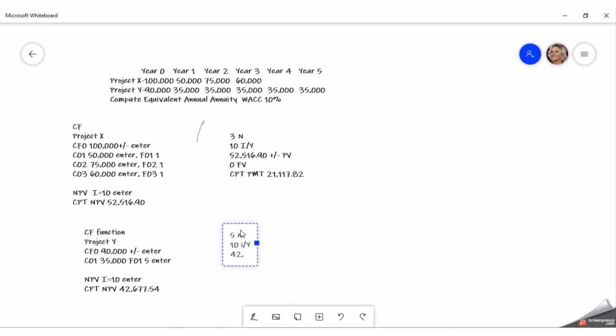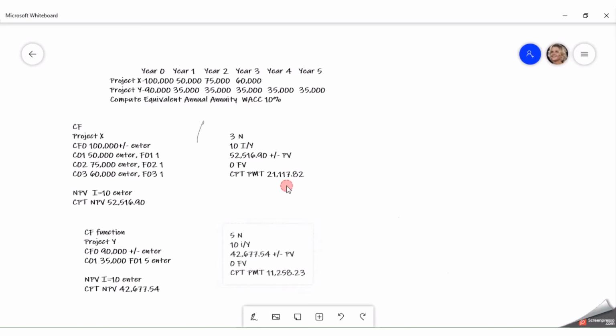Our 42,677.54, hit the plus or minus button as our PV, no future value, and then compute the payment. 5 is our N, 10 is the I/Y, 42,677.54, hit the plus or minus button as our PV, zero out the future value, and then compute the payment. So $11,258.23 is our equivalent annual annuity.